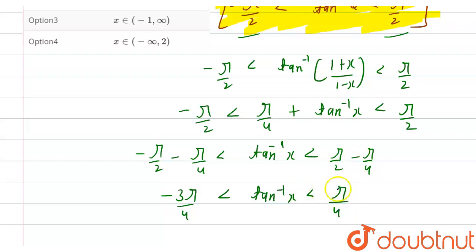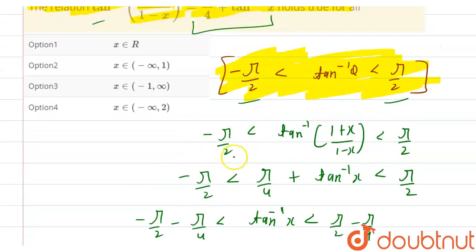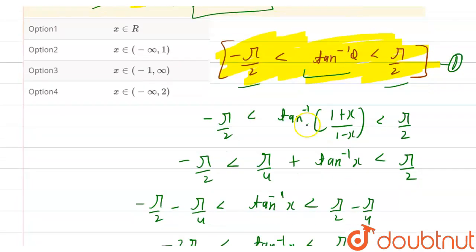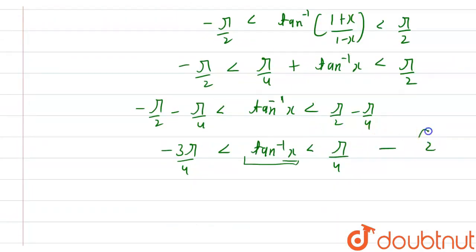So if it is so, now if you see, it is also a tan inverse theta, where the value of theta is x. So from here what I can conclude, suppose this is the first equation and this is the second equation.